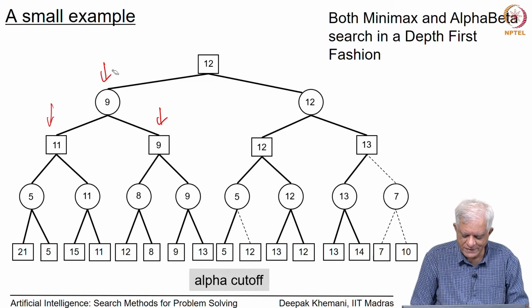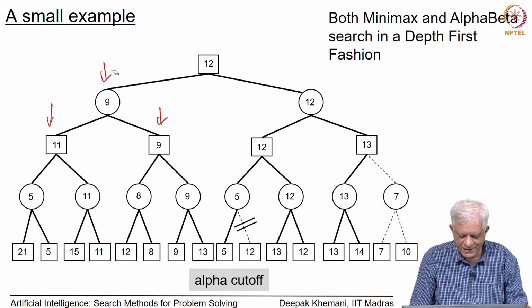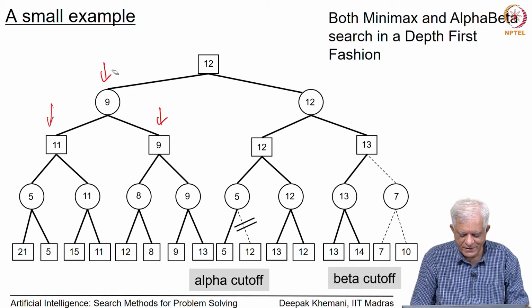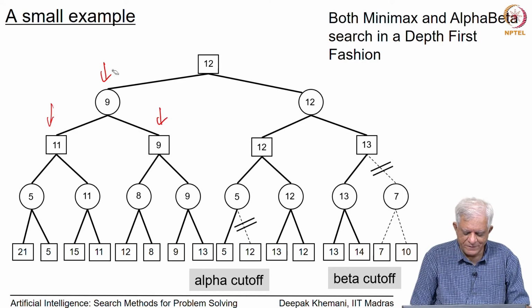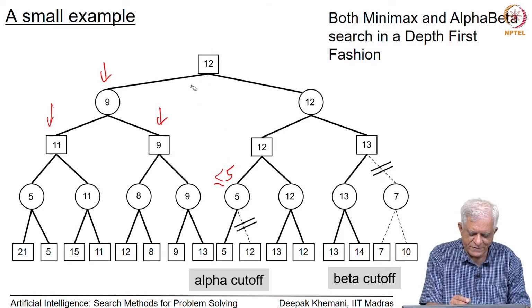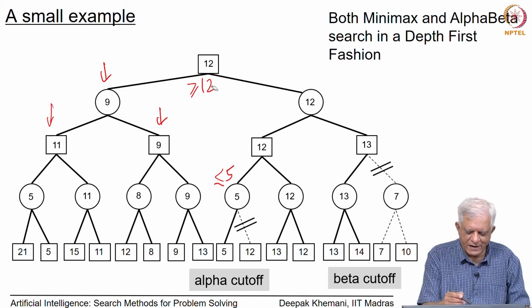An alpha cutoff has appeared below the beta node 5, whose value is 5. So, this is going to be less than or equal to 5, and this alpha has said it is going to be greater than or equal to 9, and alpha is not going to be interested in this beta node.